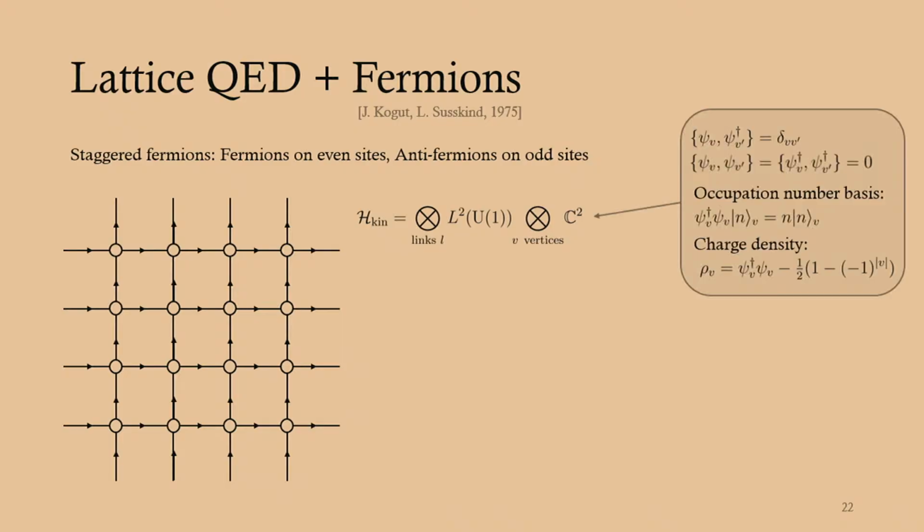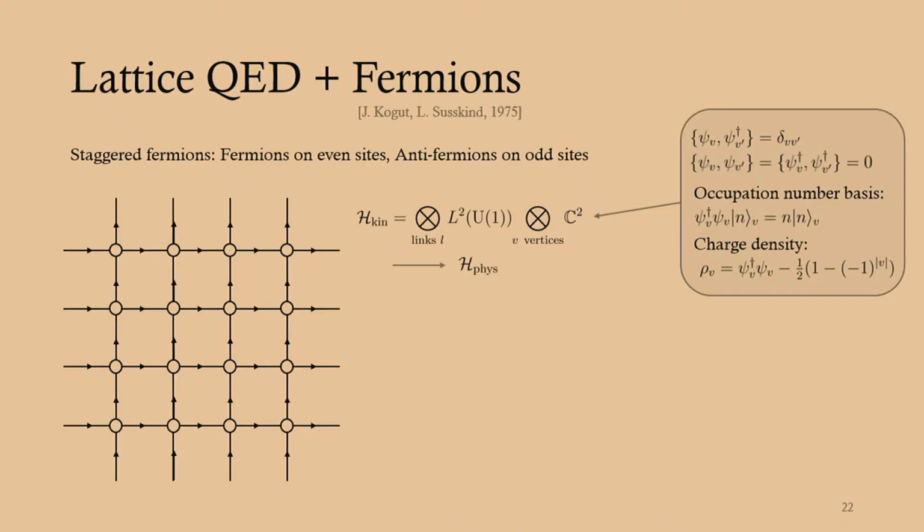These qubits are spanned by the occupation number basis, so I have zeros or ones depending on whether I have a fermion or an antifermion. And additionally, I get my fermionic creation and annihilation operators satisfying their canonical anti-commutation relations. Note that this charge density here also involves a term over here which just takes care of the staggered nature of the fermions.